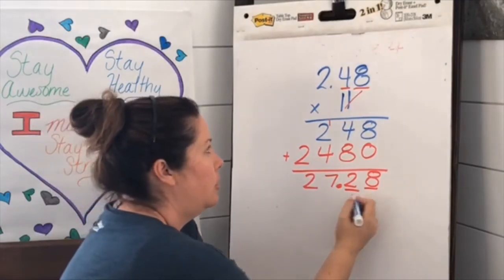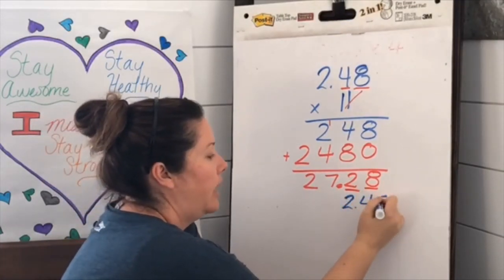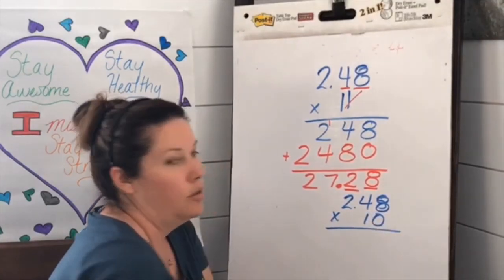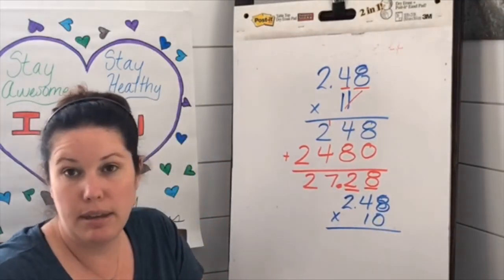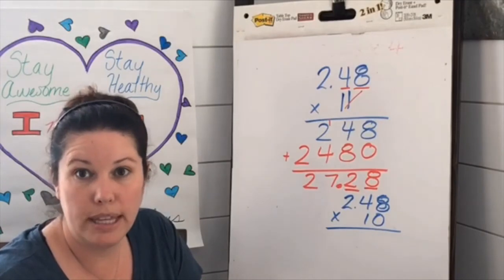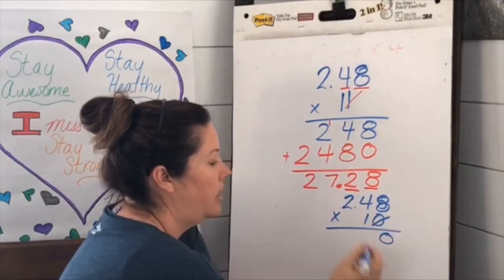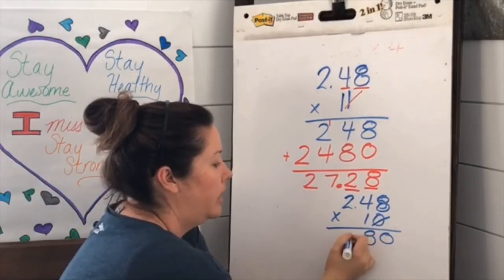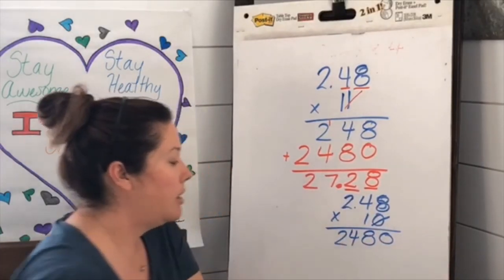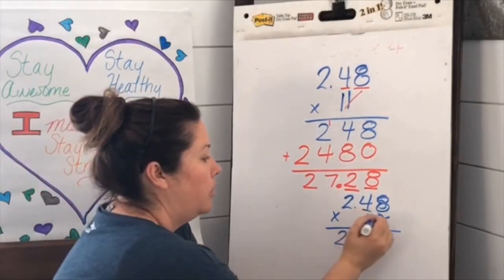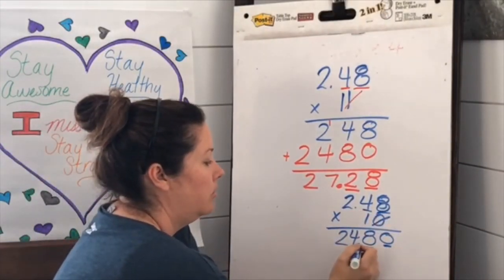So I could do 2.48 times 10, right? And times anything by 10, it normally comes easy, right? So I put my 0 here at the bottom, and then I do 1 times this, and so it becomes 2,480. And then I do my decimal, 1, 2, 1, 2.